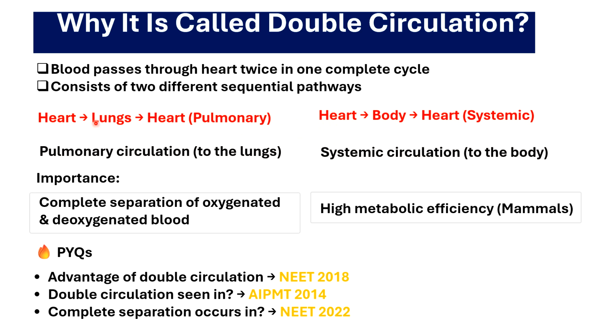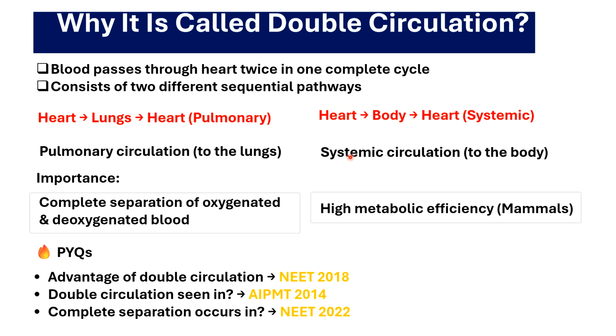Now this pulmonary circulation involves the lungs and the heart, where the deoxygenated blood from the heart is pumped to the lungs, where the gaseous exchange takes place, and again oxygenated blood is pumped back to the heart. This is your pulmonary circuit.